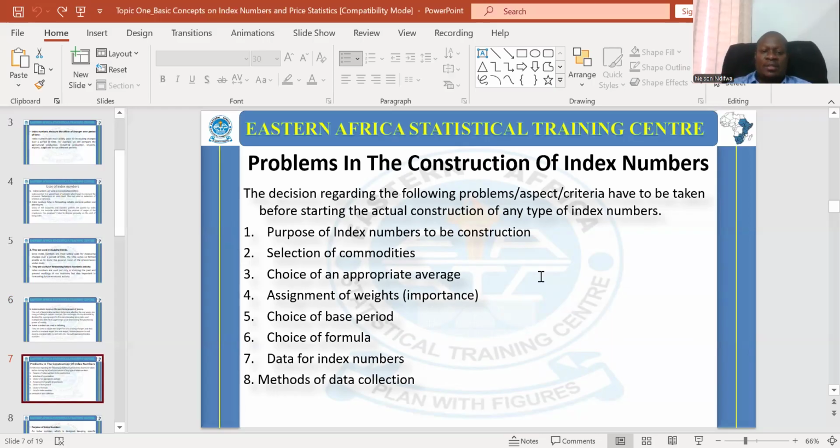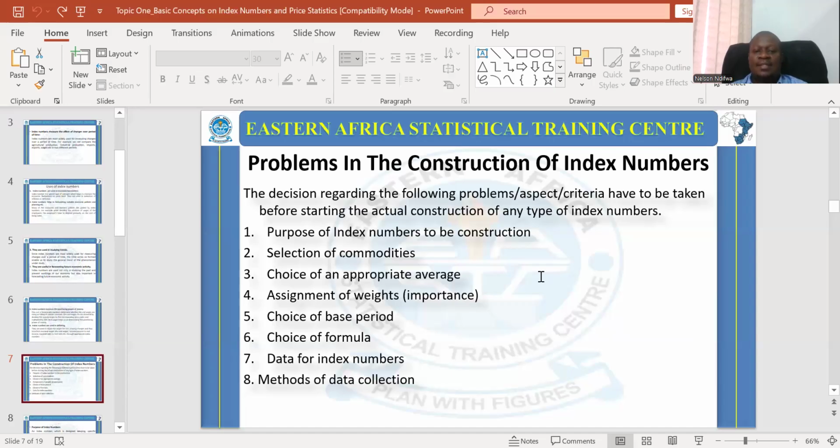So the first is the purpose of the index number to be constructed. So it means we need to know the purpose first, and this will help us know what kind of index number we are going to use.